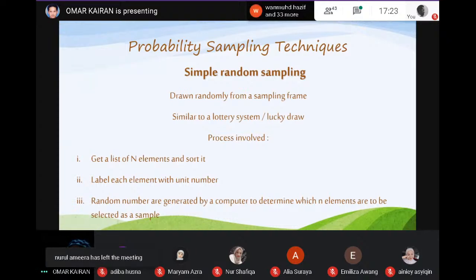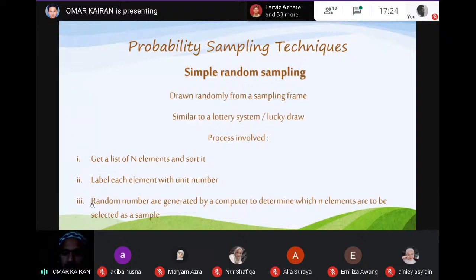So everyone get unique number and they will be put in the box. Simple, okay. And then random numbers are generated by a computer to determine which n elements are to be selected as a sample.